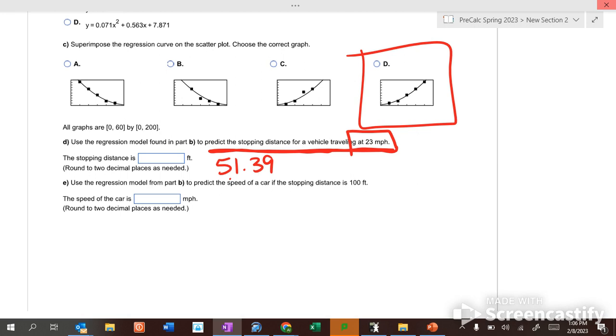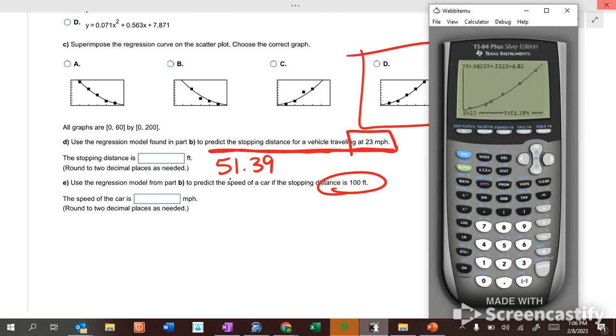Now, how fast am I driving if my stopping distance is 100 feet? On my graph, I could just arrow over till I get to 100. Now, you might say, well, can't you just search for it like you did the X value? And no, you can't really search for it.